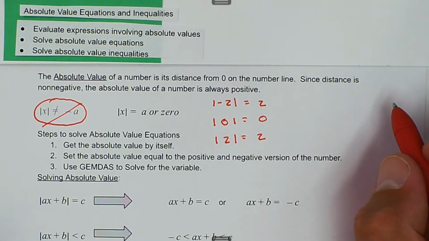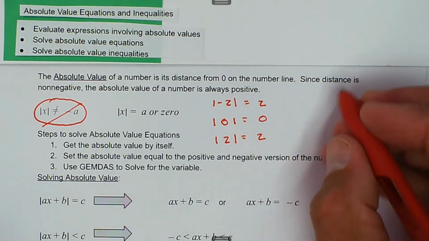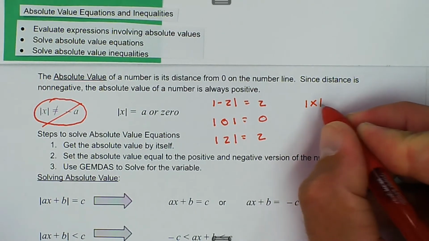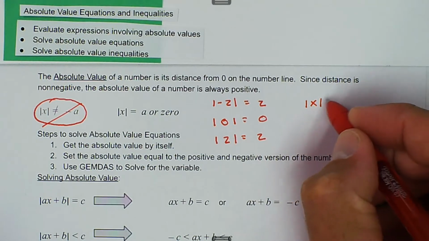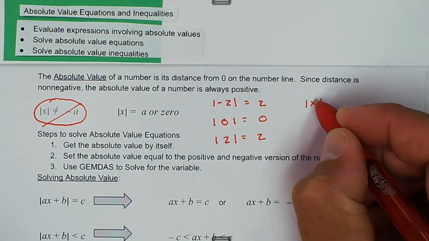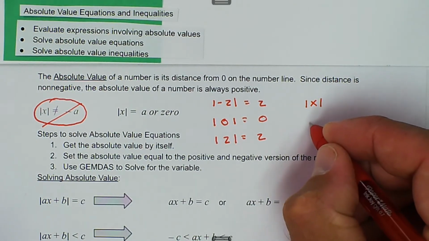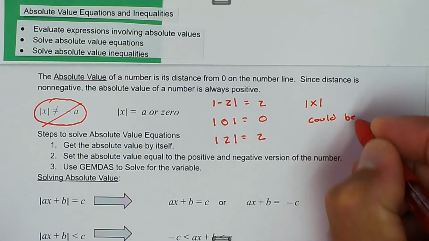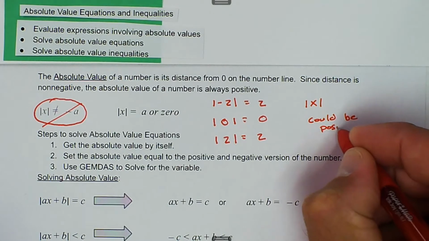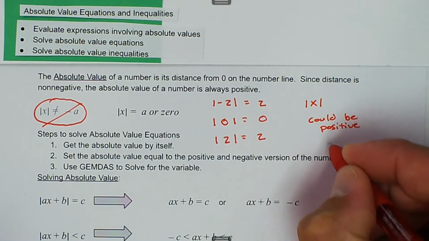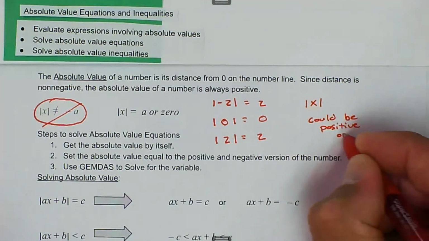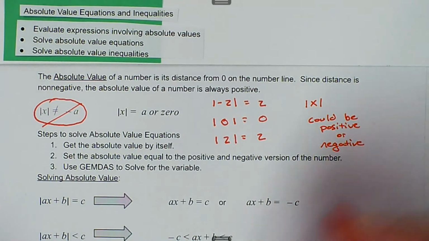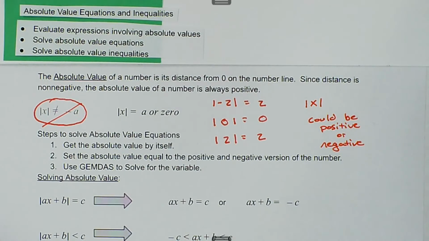So that's why when we end up solving, if we have an absolute value of x, the number inside the absolute value, we have to account for both positive and negative. It could be positive or it could be negative.